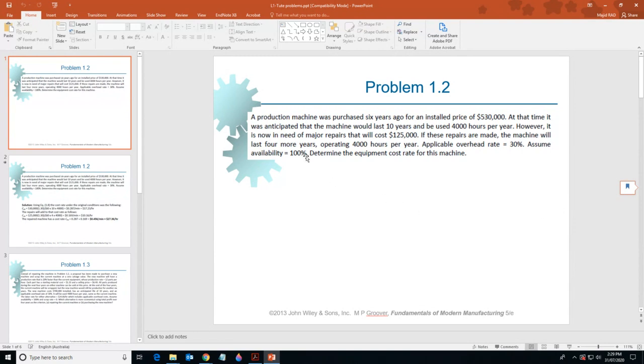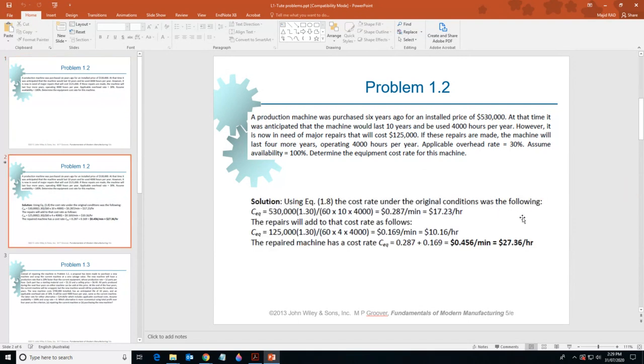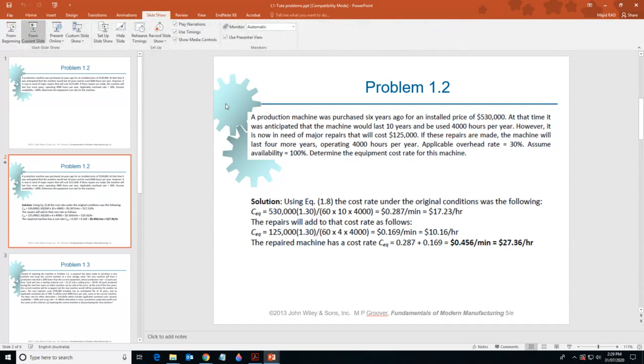Okay, what we are to do is to compute the equipment cost rate. And of course, what we need to do is to take the equation for the equipment cost rate out of the equation sheet that was explained, and then substitute the values and do the computation. So first we take the equation out from the equation sheet.